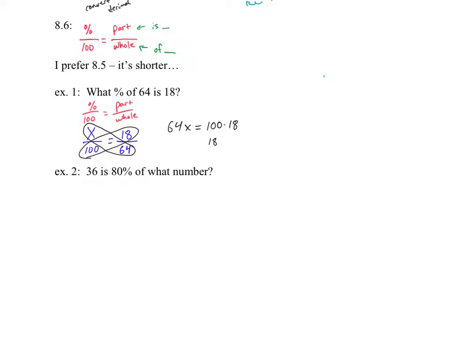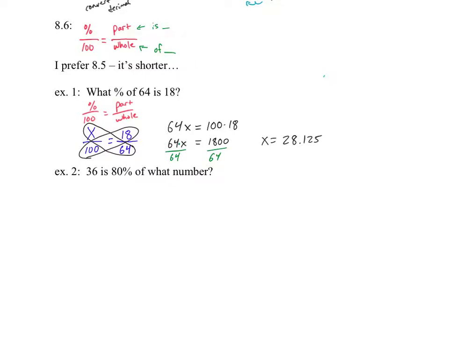That gives me 1,800 on the right, equals 64x. If we're looking to get x by itself, how do we undo what was done to x? x was multiplied by 64, so we divide by 64. And doing that, I get x equals 28.125.